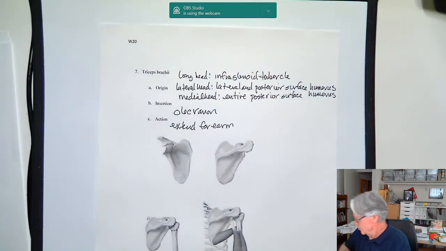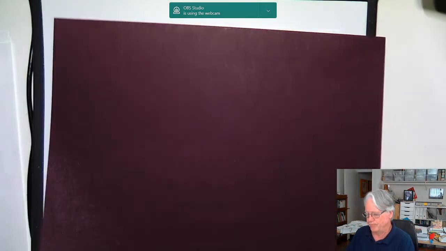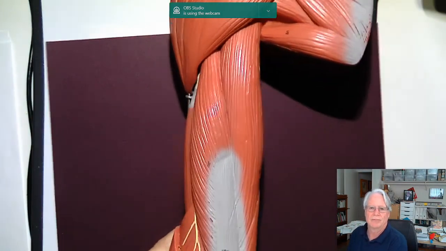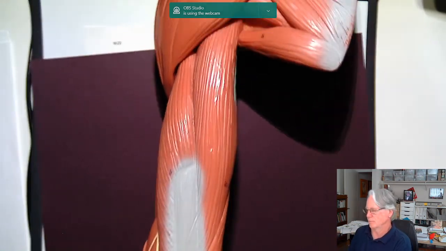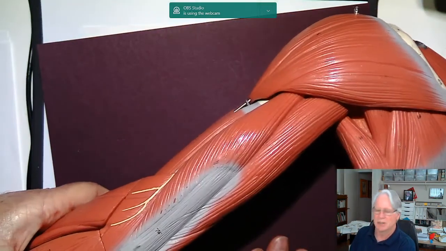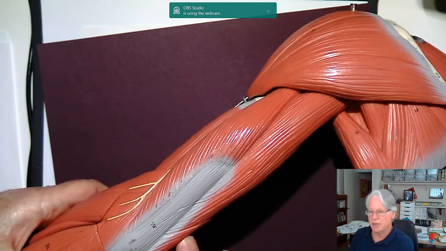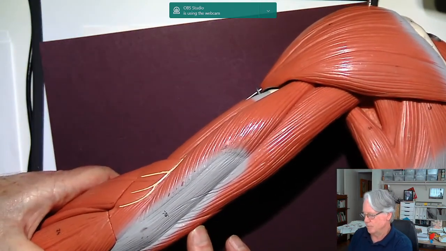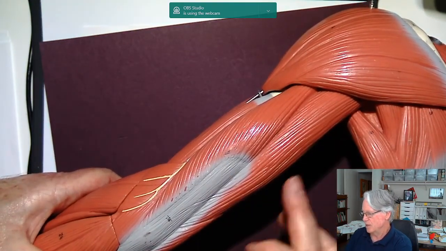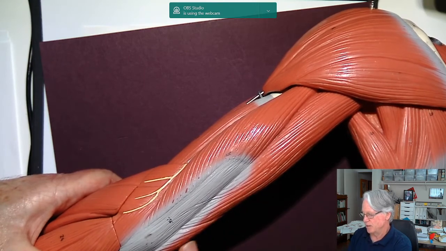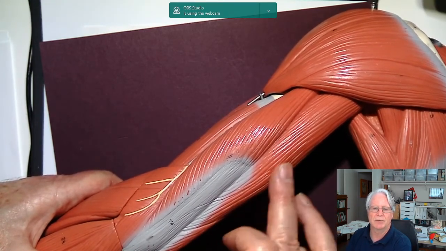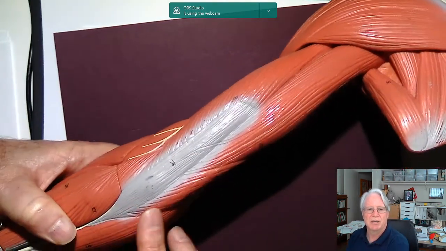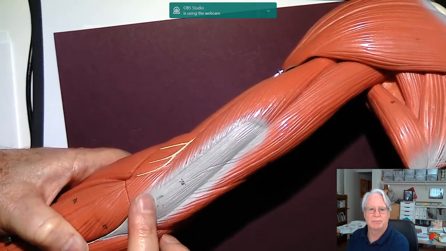One more time. One, two, three. There's three heads right there. There's the long head. There's the medial head and the lateral head. That's the muscle. And it's all inserting right here.